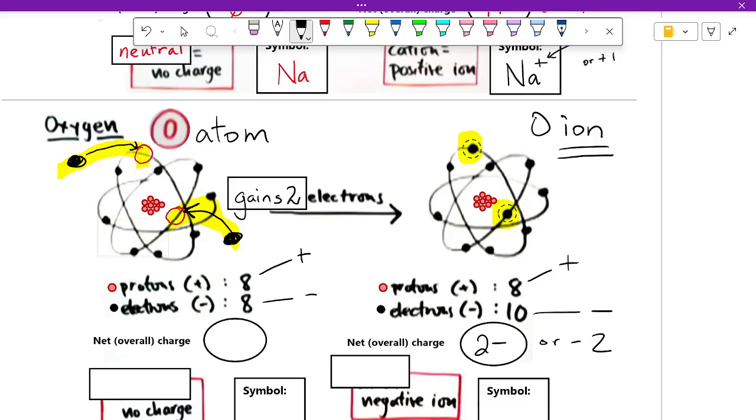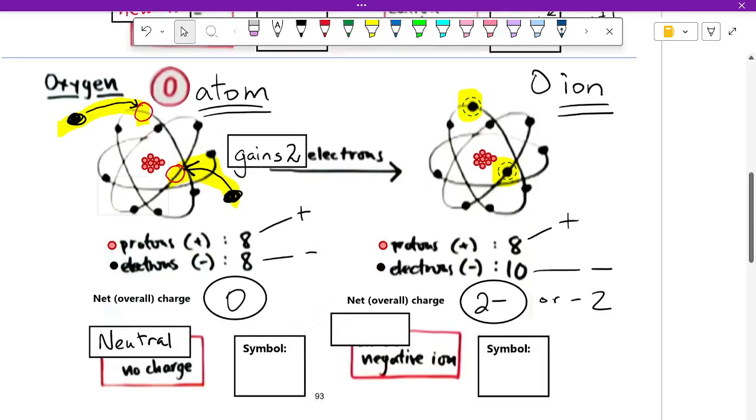Yep. Good question. What is the overall charge of an oxygen atom? It is what, sorry? Neutral, very good. 0, neutral.